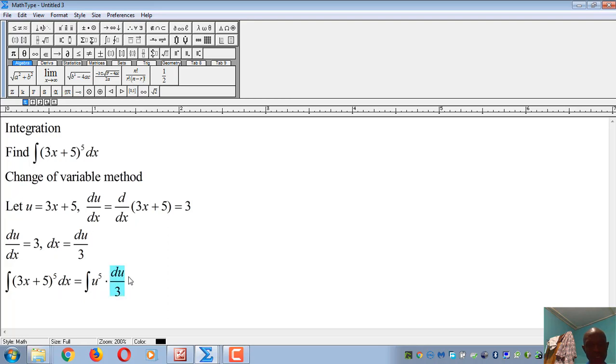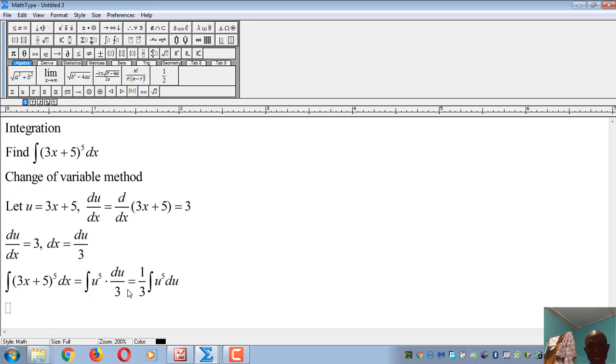Now that 1 over 3 is a constant, we can bring it out. It doesn't disturb your workings. We have 1/3 times the integral of u raised to the power of 5 du.